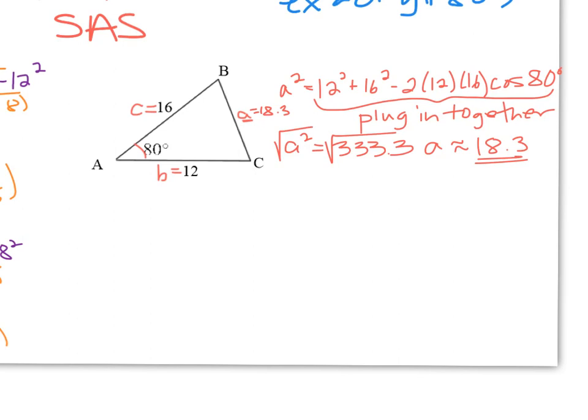To get cosine B and cosine C, we'll apply the angle formulas up above, just like the last problem.